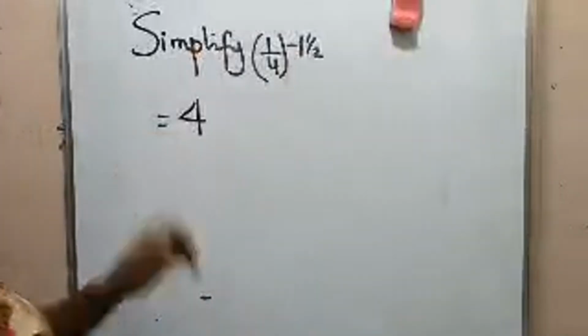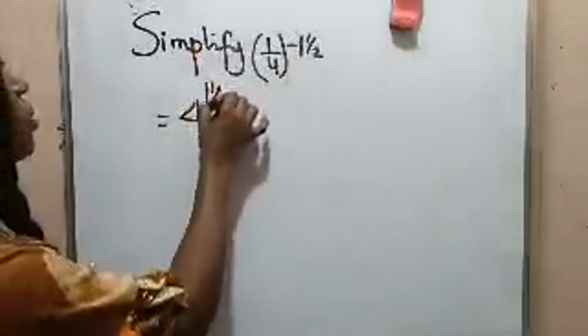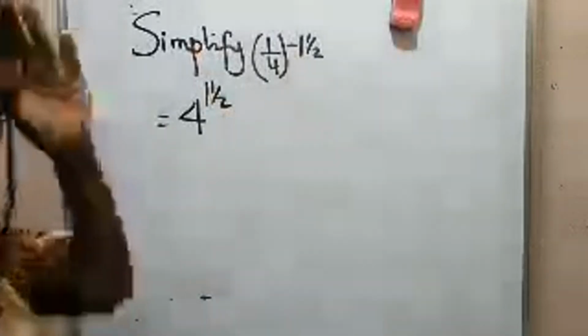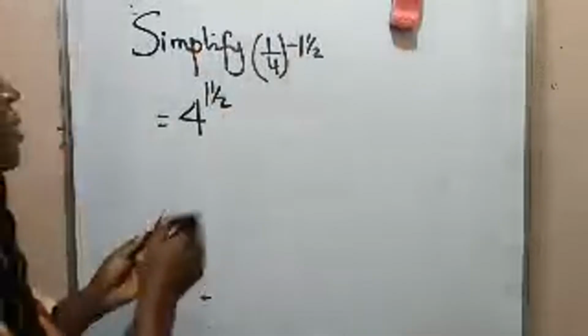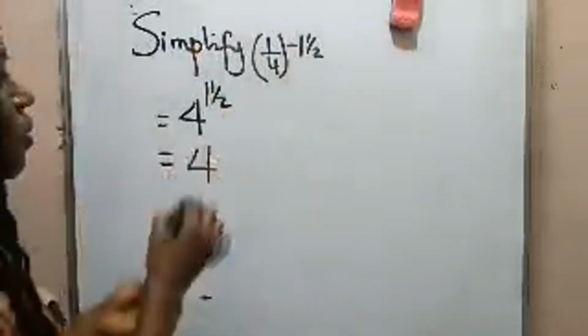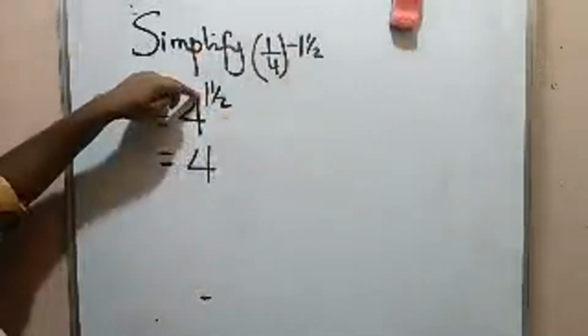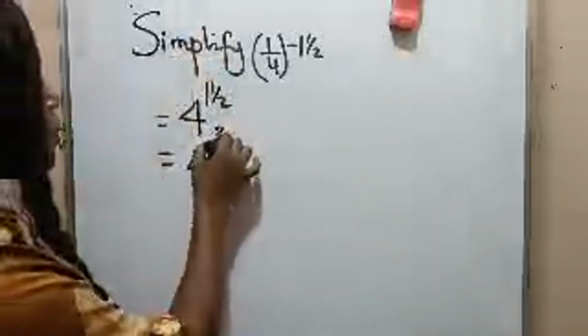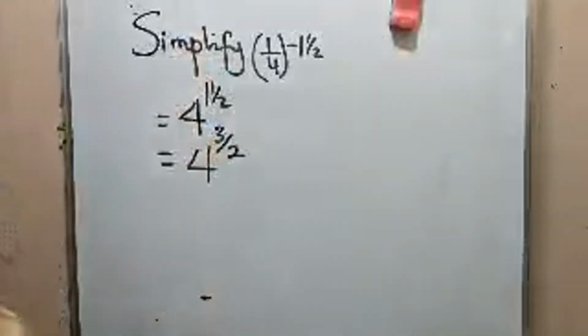So it becomes 4 to the power of 1 whole number 1 over 2. This is equal to 4 to the power of 2 times 1 is 2 plus 1 is 3, so we have 3 over 2.